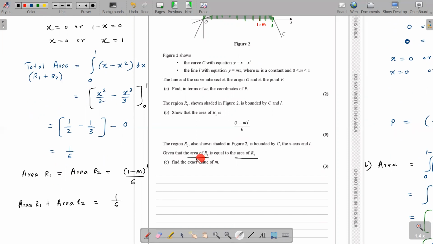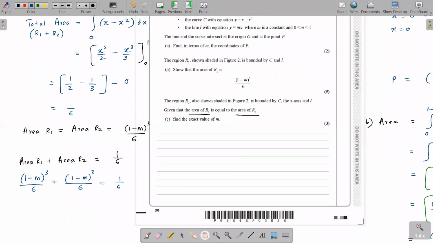They have told us the area of R1 we found individually, and they also tell us it's equal to the area of R2. So the area of R1 is (1 minus m) to the power 3 over 6. Again, R2 is also (1 minus m) to the power 3 over 6, and the sum equals 1 over 6. Do you agree with me? Now everything is over a common denominator, so I can multiply the whole equation by 6.